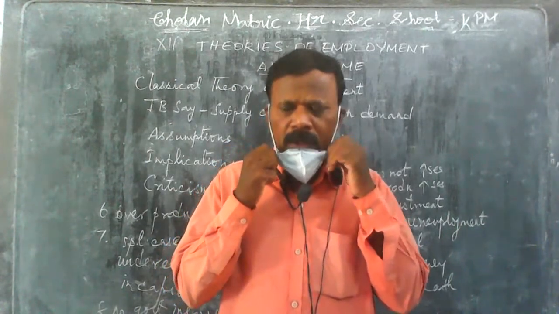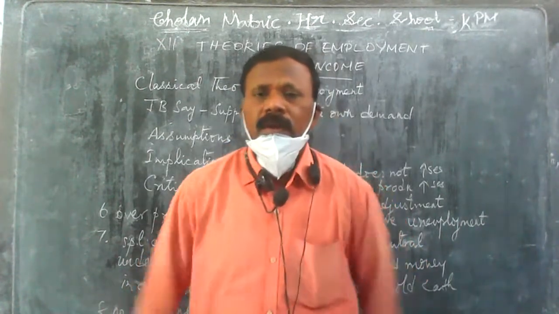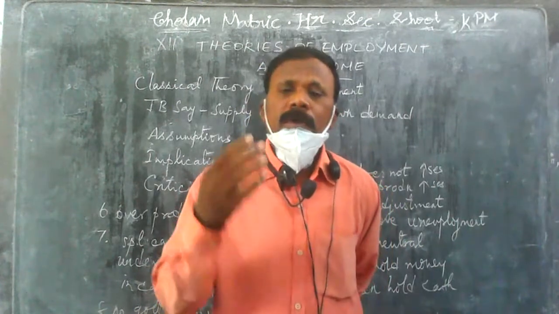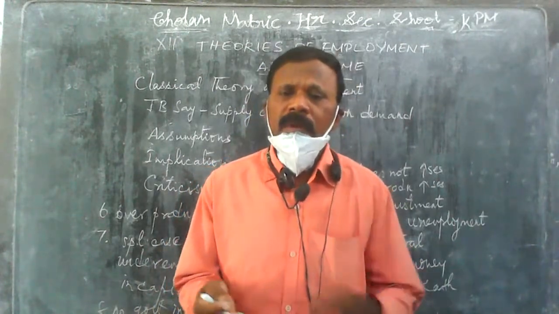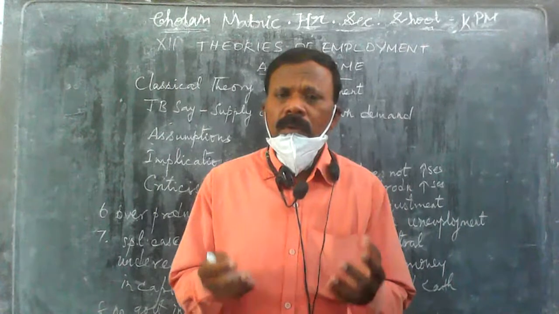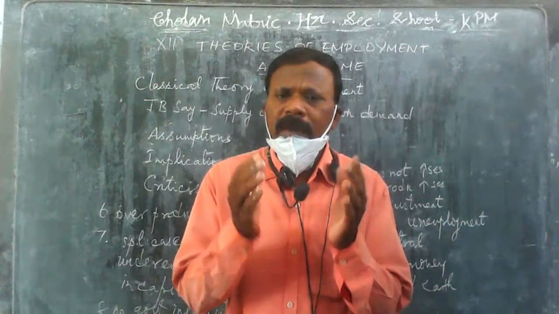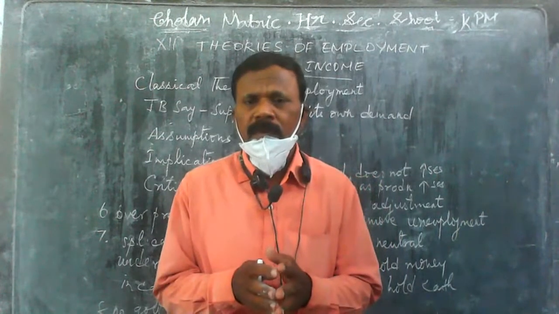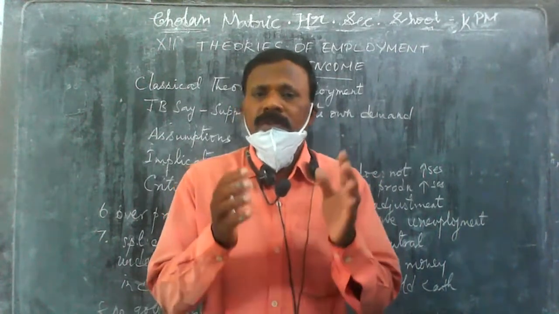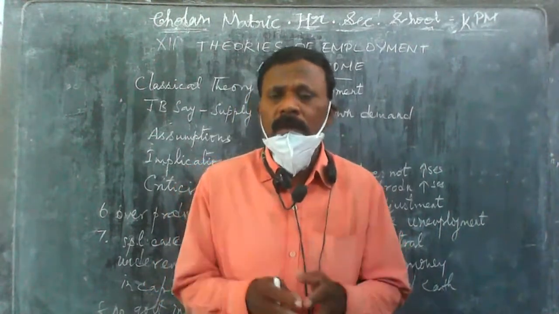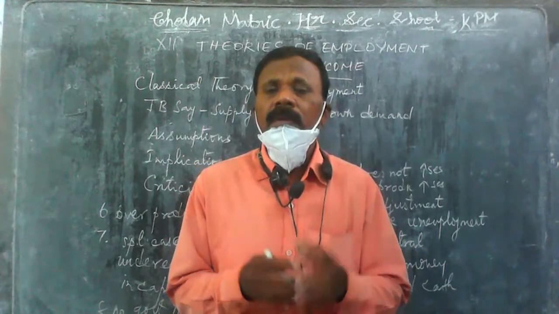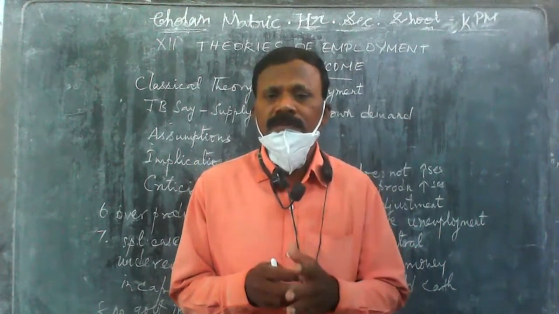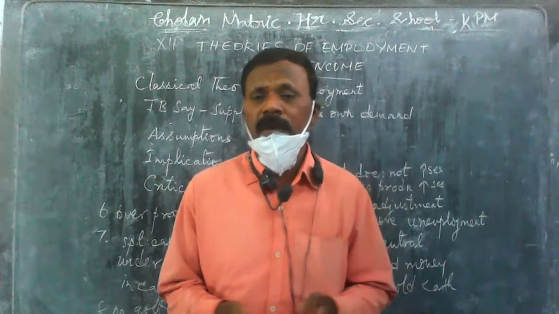Now, according to J.B. Say, when goods are produced in the economy, the factors of production are paid rewards. So, what are the factors of production?